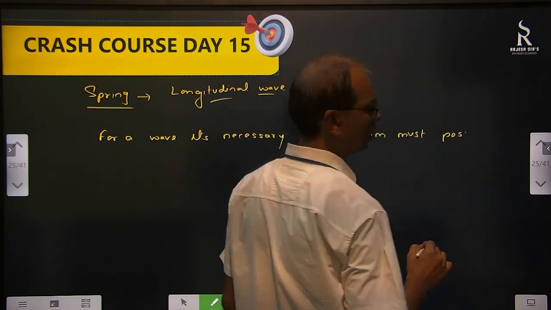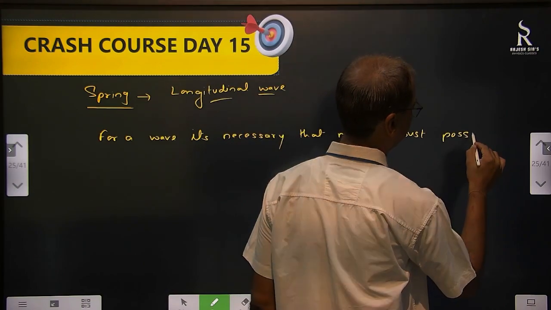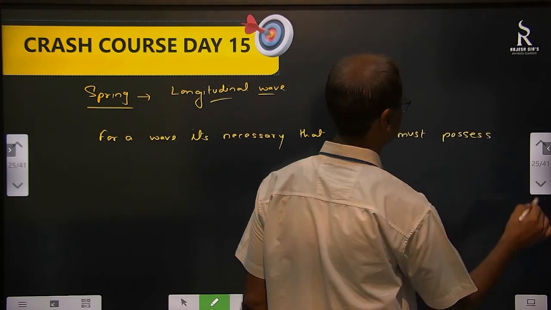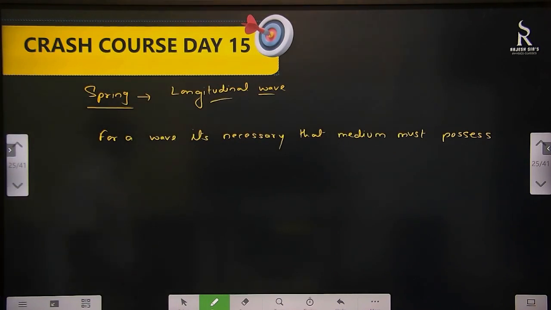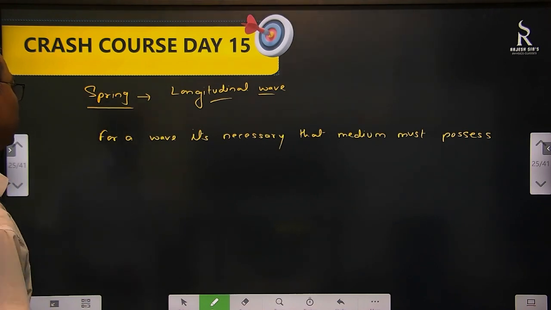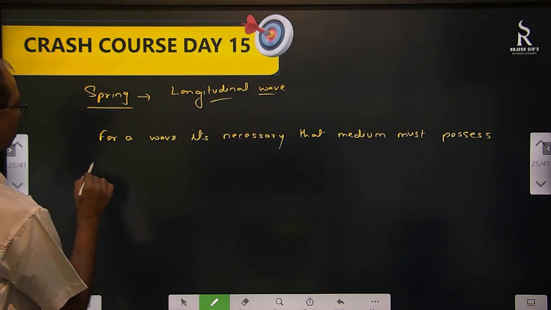Possess, spelling is what? I don't know why I'm having a problem with that. Possess: double S, E, double S. Is it correct? Students? Yes, sir. Okay, double S, right? Okay. Yes. For a wave, it's necessary that the medium must possess elastic property.